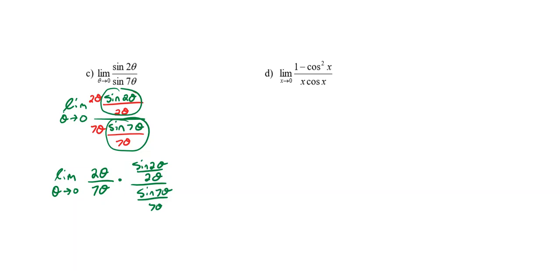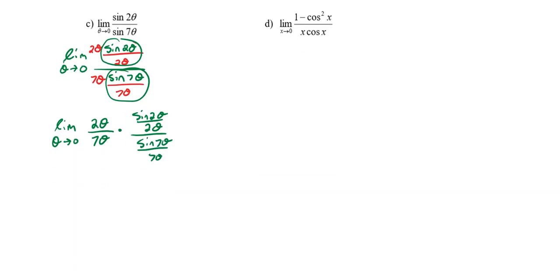Now you can see here, I've got theta over theta. I can cancel those. So that makes life easier. And then the next step, I'm going to take this 2 over 7 and bring it out front because we can do that with constant terms. So we got 2 over 7.